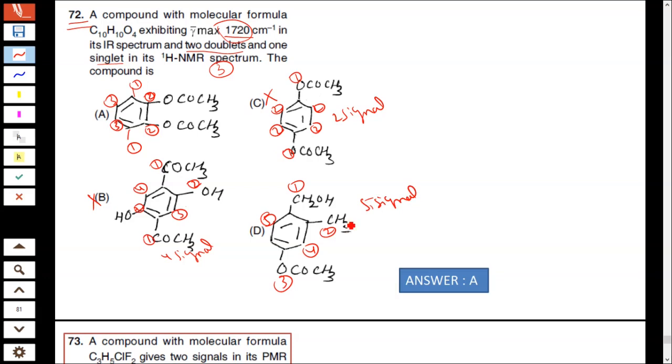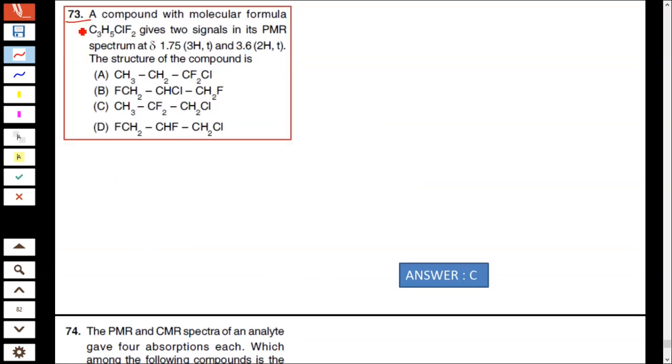This was also ruled out. Hence option A is correct, and this 1720 is due to the carbonyl stretching frequency in the IR spectrum, which gives 3 signals in the NMR spectrum, where the first signal and third signal give 2 doublets, and OCOCH3 gives a singlet.